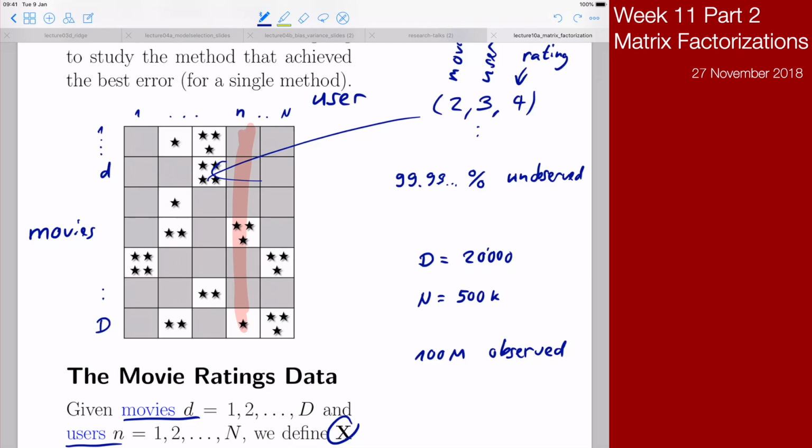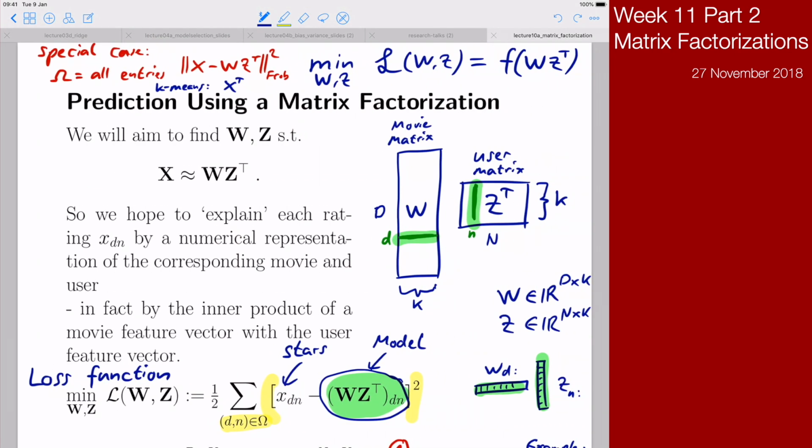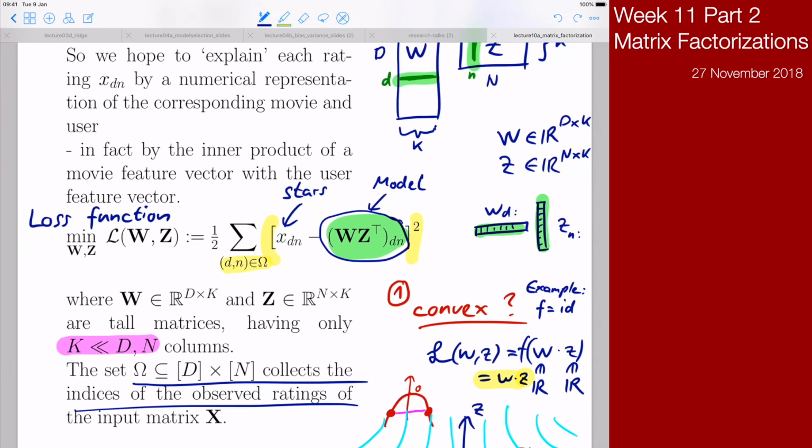Test accuracy is measured on a different set of observed entries, which we do not have available for training. So I'm just saying the omega, the set of observed entries, is really important here. And interestingly, it also has a huge influence on understanding the problem.